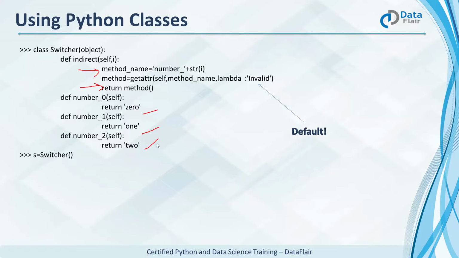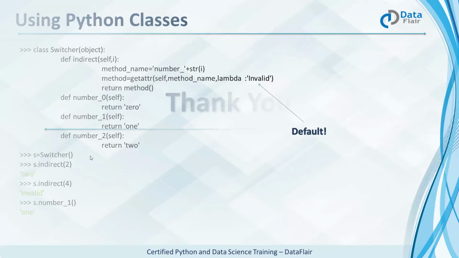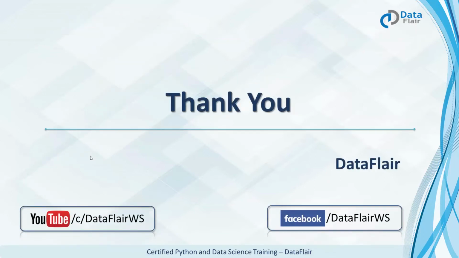Then we declare an object s of class switcher. s.indirect of 2 is 2. s.indirect of 4 is invalid. And s.number1 is 1. You should come back to this once we've discussed classes in detail. So while Python does not directly support the concept of switch cases, we can still build one in it.